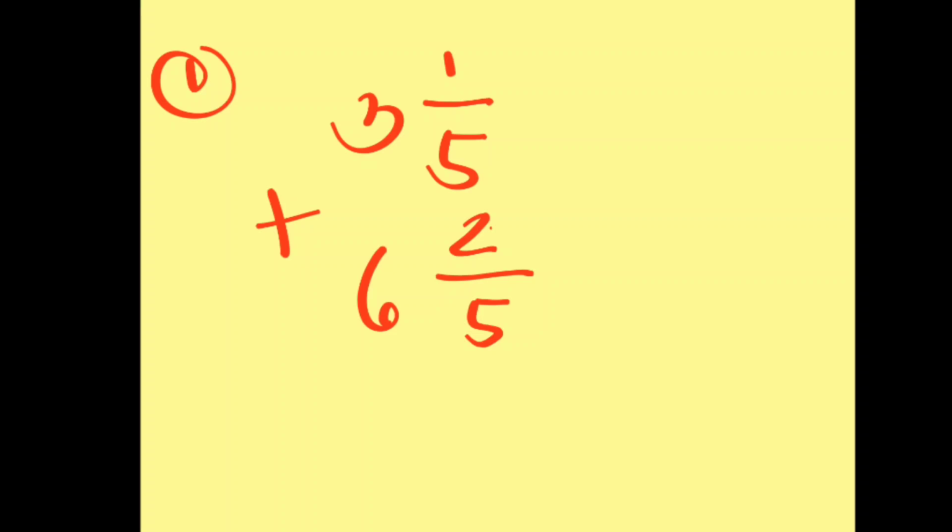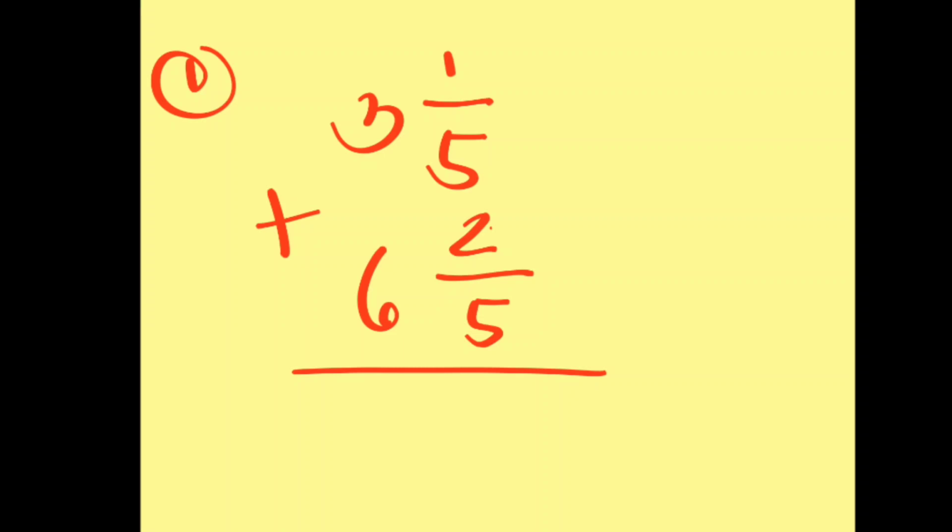Same with adding whole numbers, we always start with the right side, the fractions. Can we add 1/5 and 2/5 easily? The answer is yes, because we have the same denominator. Remember that if we have the same denominator, we can easily add fractions.